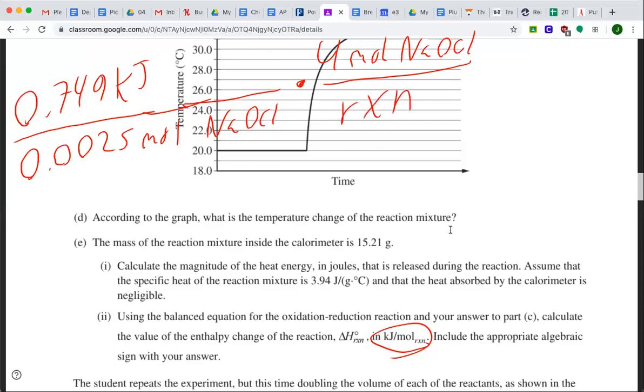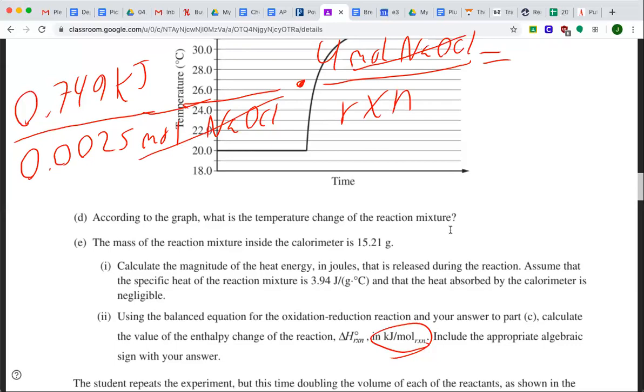The College Board would say mole reaction, but I just don't feel comfortable thinking of it that way, so I'm going to say per reaction, and that's going to give you your answer. Your moles of NaOCl cancel out, and you're just going to wind up with kilojoules per reaction.